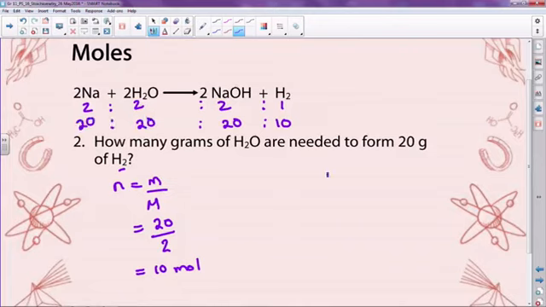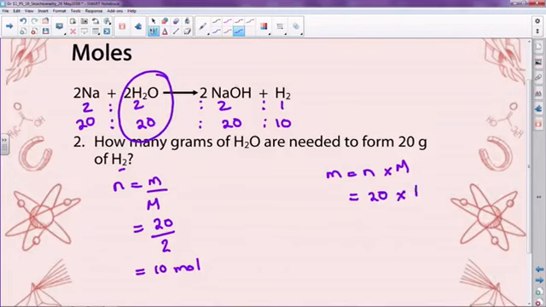So how many grams? Mass equals moles times molar mass. My number of moles is 20. My molecular mass: think back, oxygen was 16, hydrogen is 1, and there are 2 hydrogens, so it's 16 plus 2, which is 18.